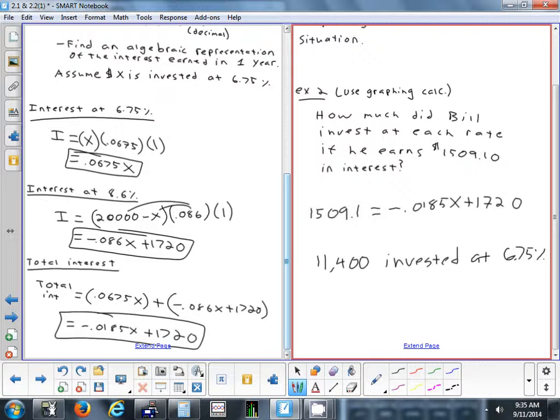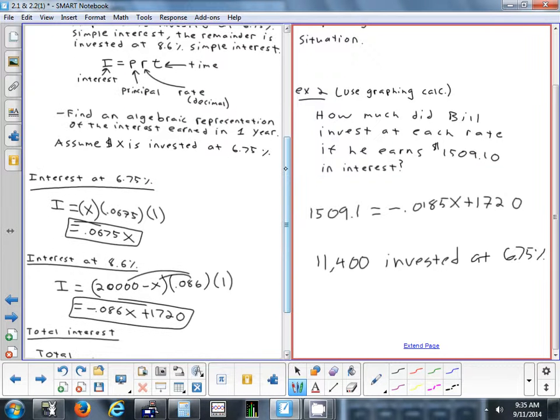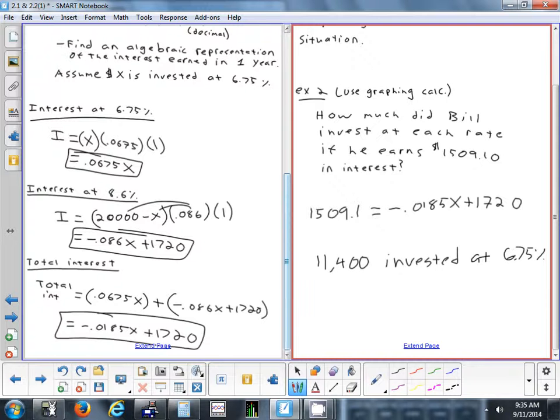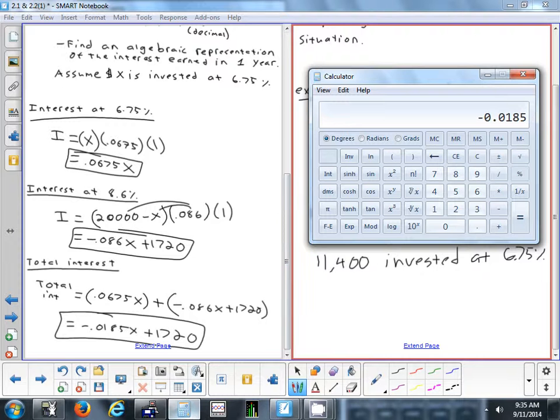Okay. The reason we know that is because way back when we started, we assumed X is the amount of money invested at 6.75%. Okay. Now, what would we do with 11,400 to find the amount invested in the other account? Yeah, just subtract it from 20,000.